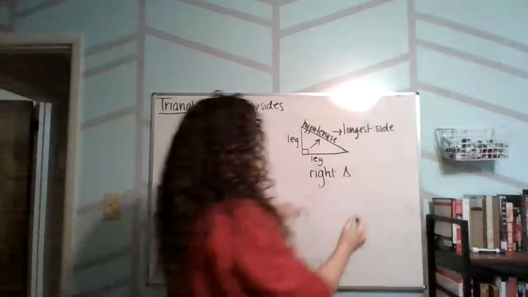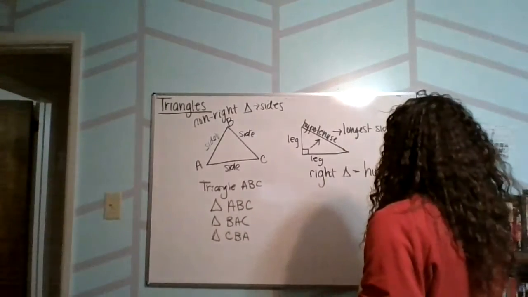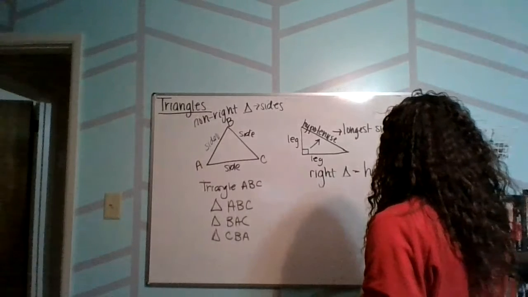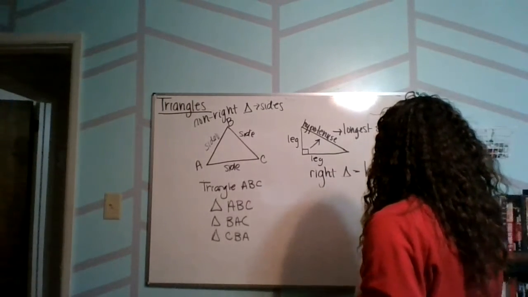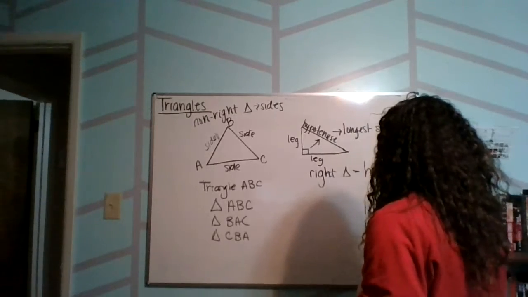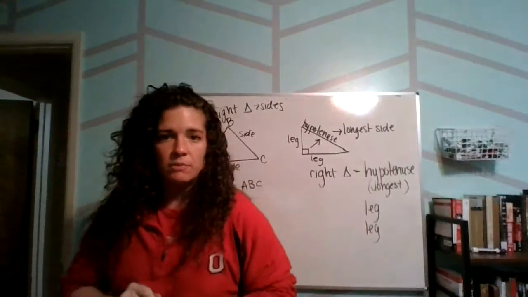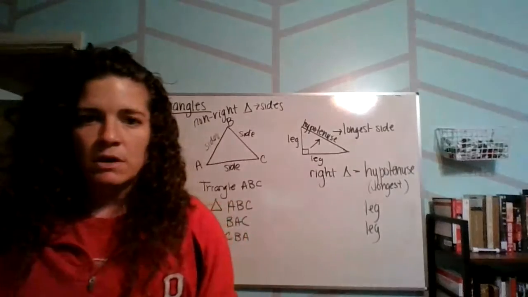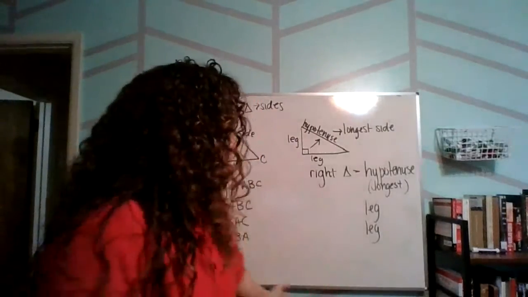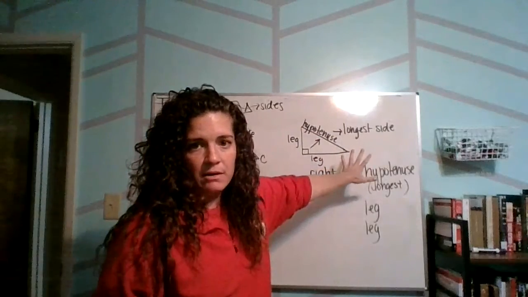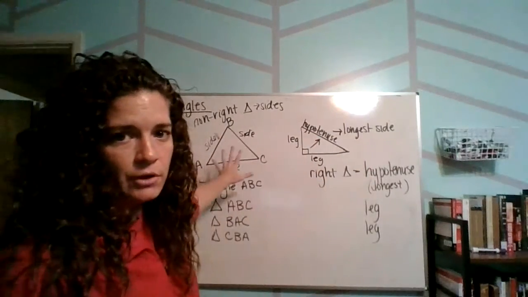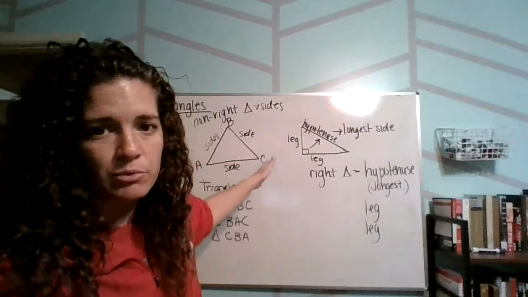Whereas if it's a right triangle, they have one hypotenuse, which is the longest, and then a leg and a leg. Now the legs can either be equal or not equal. Doesn't matter. But that's how it is. So legs and hypotenuse are for right triangles only. Non-right triangles have sides. Super important.